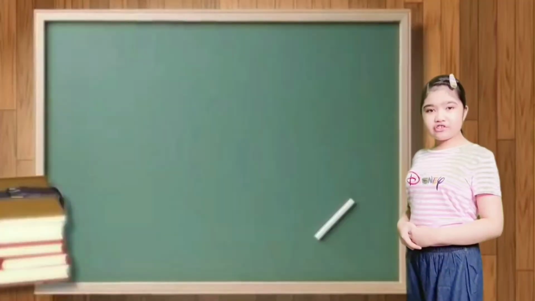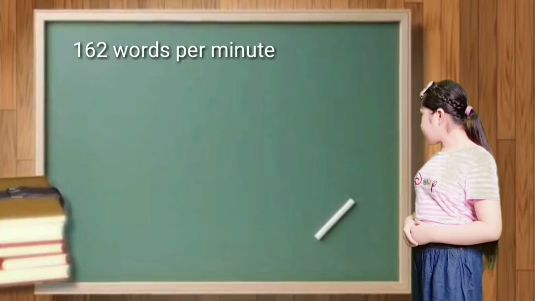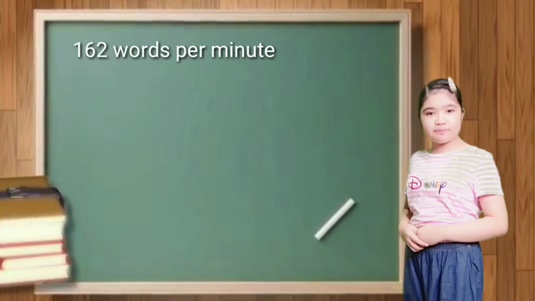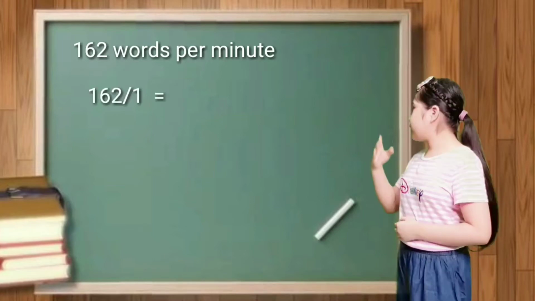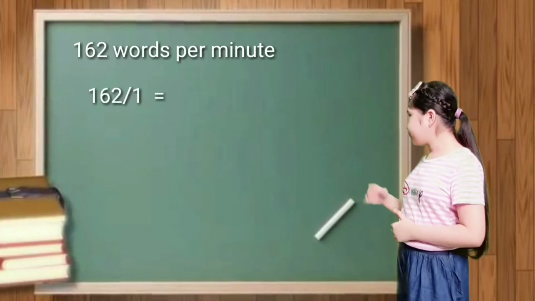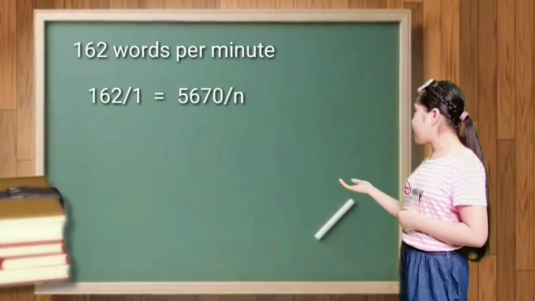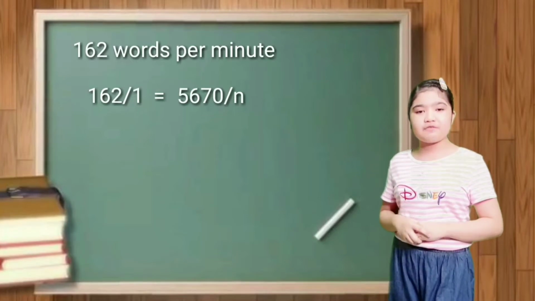We use the relationship between words and number of minutes, using a proportion in which both ratios are in the form of words per minute. The given ratio is 162 over 1. The second ratio is 5,670 over n, where n represents the time she took to read 5,670 words.